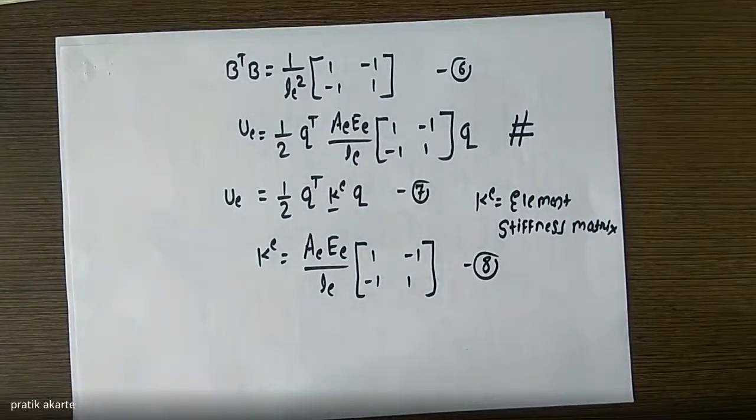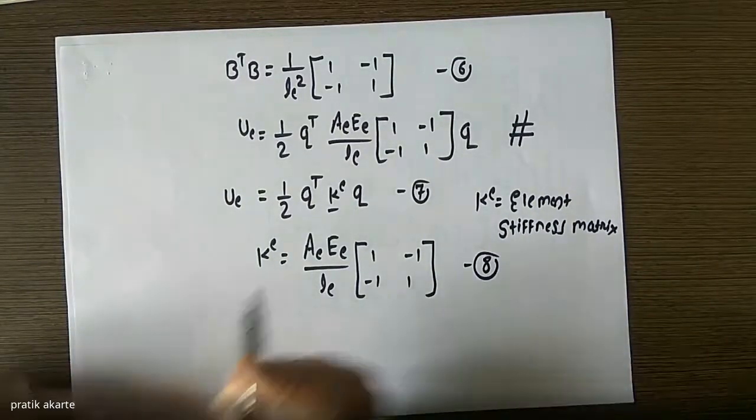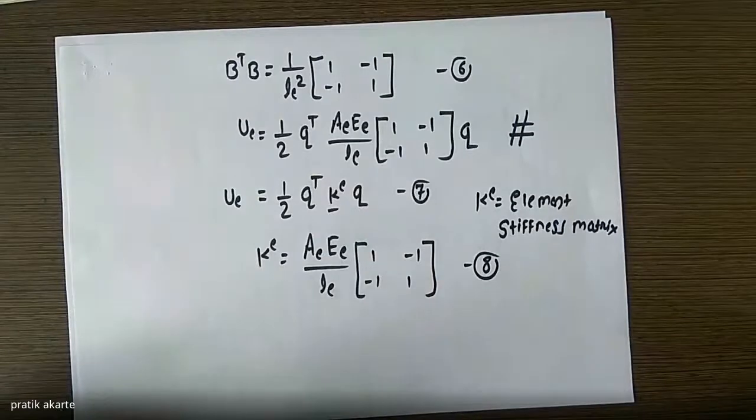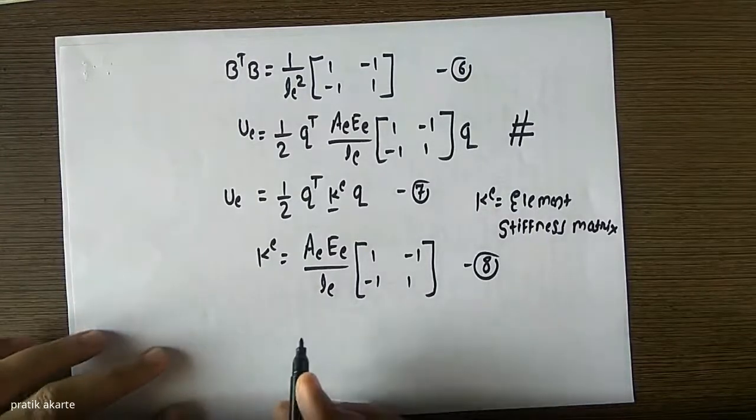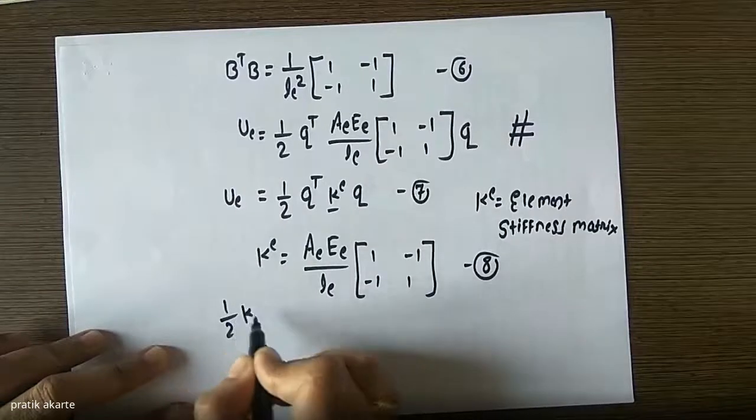So from equation number 6 and equation number 7, it shows that the strain energy of this small element that we have considered is similar to that of a simple spring, where the strain energy in general terms is considered as half k q square.